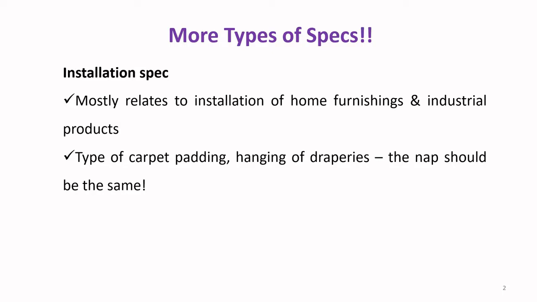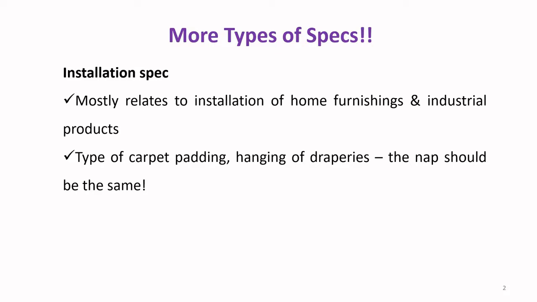Now, the nap should be the same. Now, I'm sure that you understand what is nap. Nap is the direction of the fabric. Now, imagine there is, let's say, a velvet curtain, and the velvet curtain is in 4 pieces.